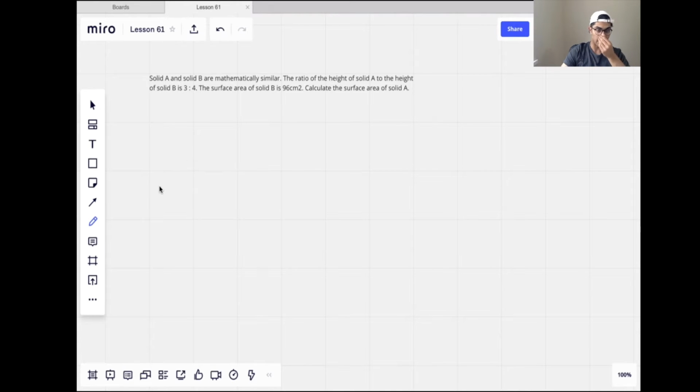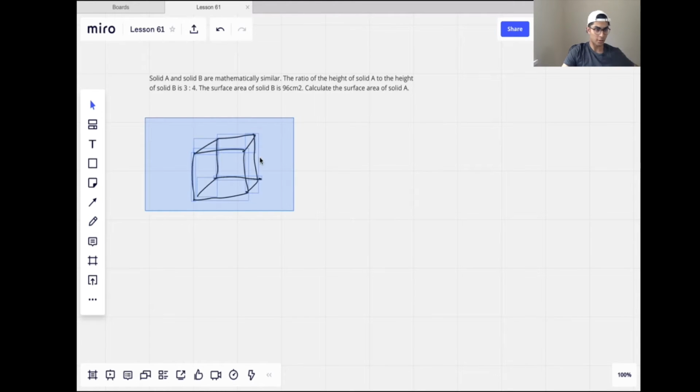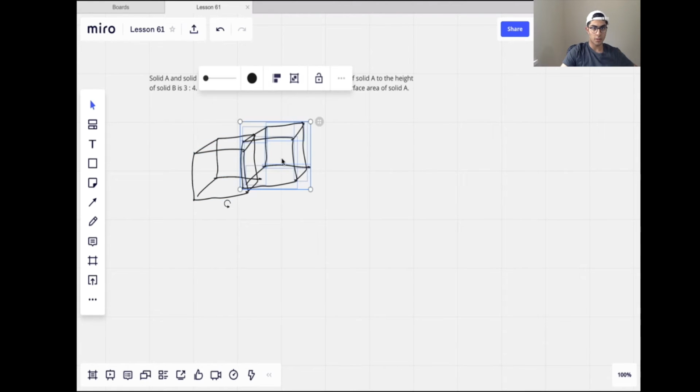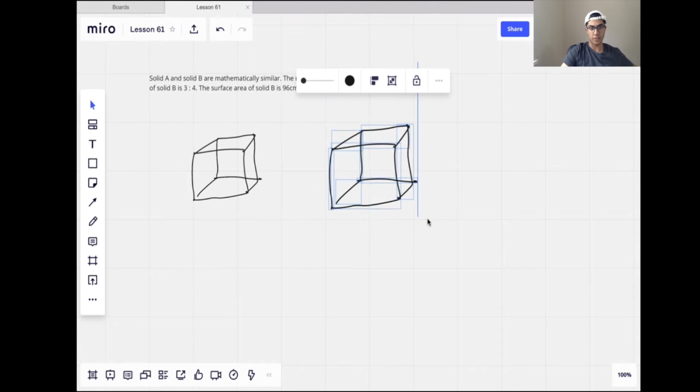Okay, so basically, if we think about solid A, let's pretend it's a box. We've got a badly drawn box, and then we've also got another box, but it's just larger.